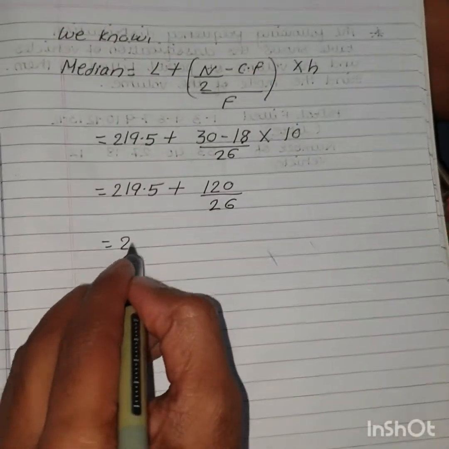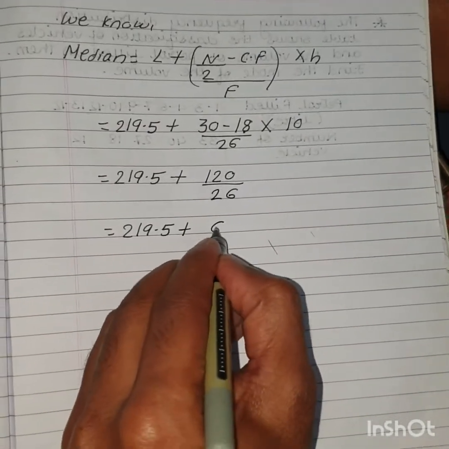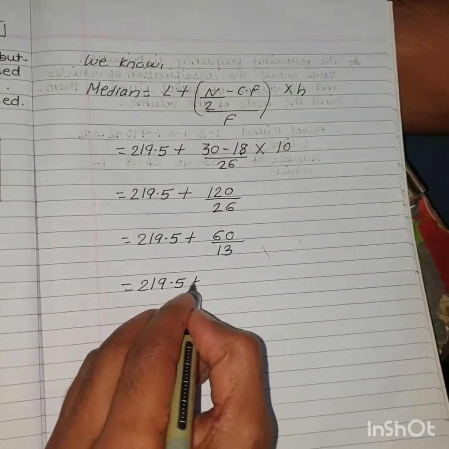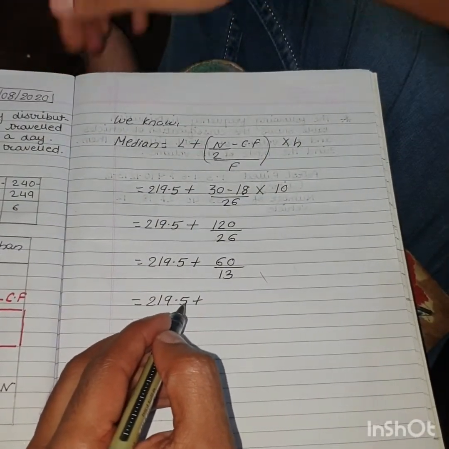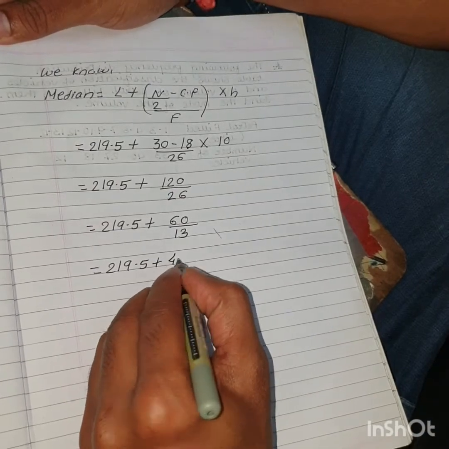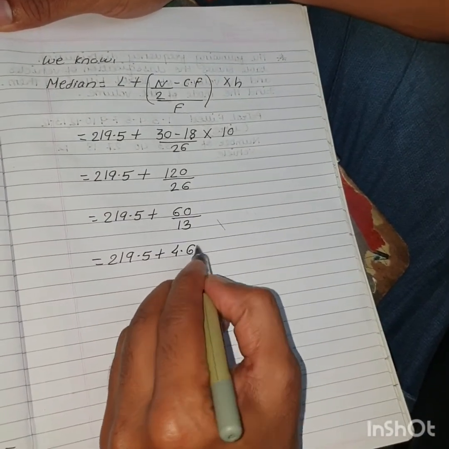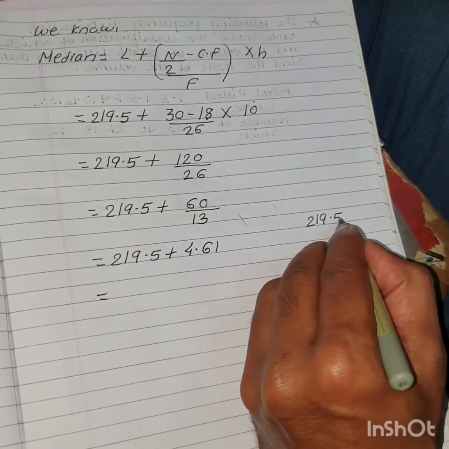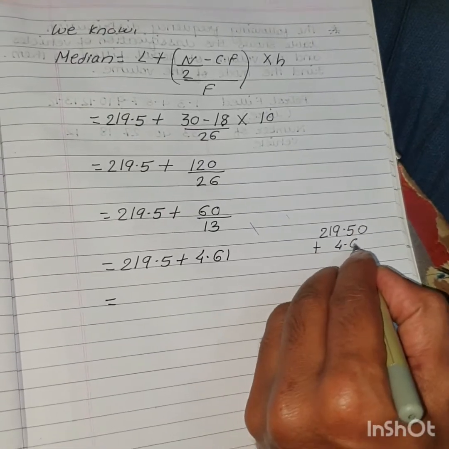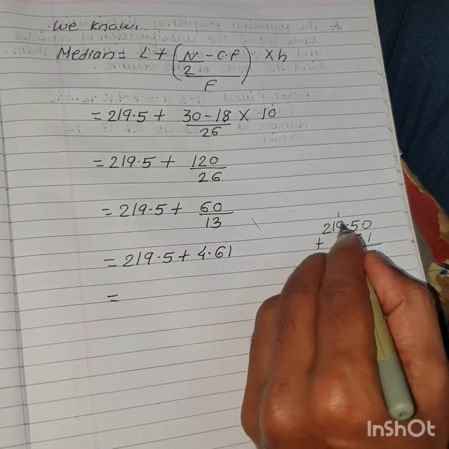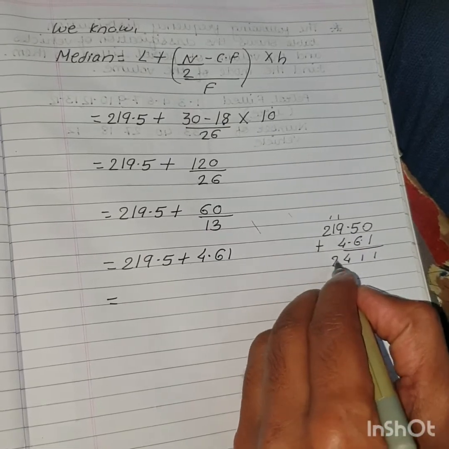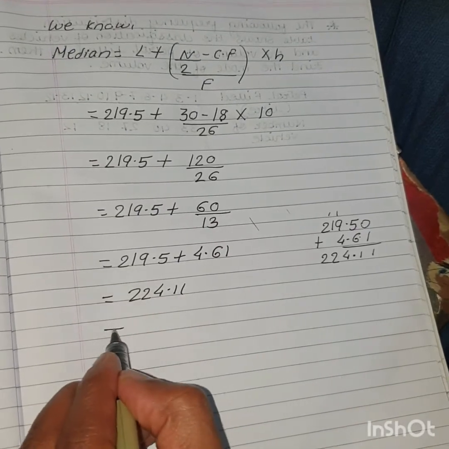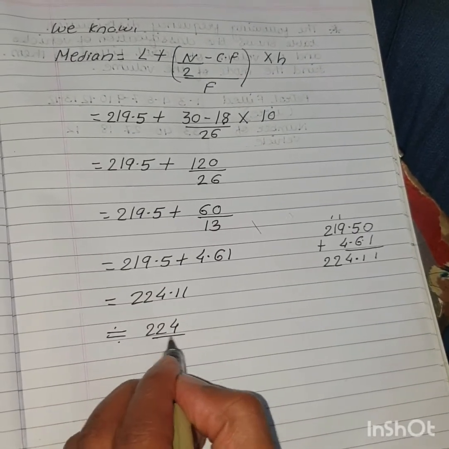That is equal to 219.5 plus 60 divided by 13, which is 4.61. Let's add it: 224.11, approximately we can say it as 224.